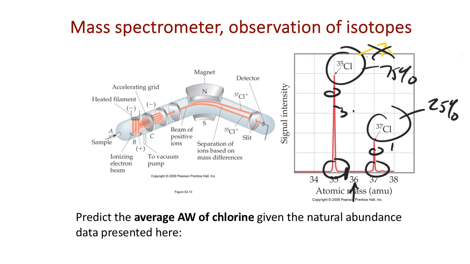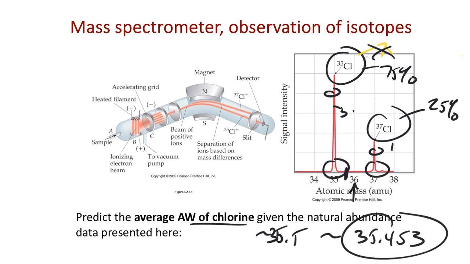So right where you would expect, a little closer toward 35, but not dead on 35.0. The prediction is about 35.5, and the actual average is 35.453. You can get a sense from the ratio that it's somewhere between 35 and 37, and the weighted average puts it at about 35.5.